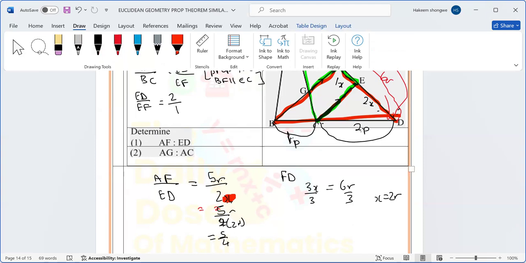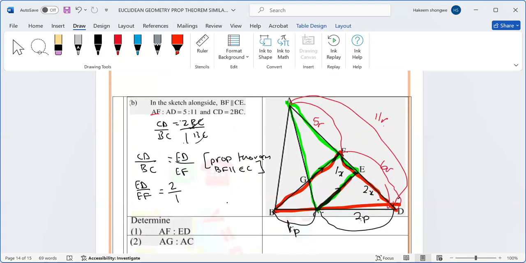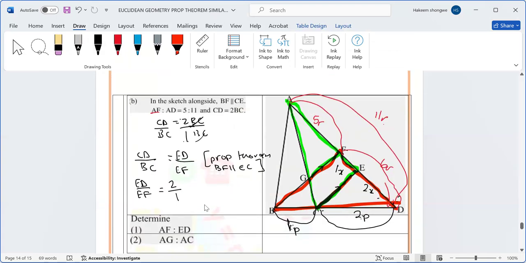Let's come back and update this one, because we wanted to make sure that when we go to that side, just in case we need it, I think we need it. We need AG all over AC. Let's come and have one X. We know what X is in terms of R. It's 2R.